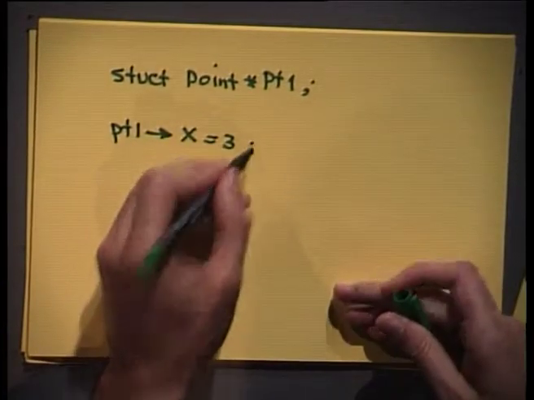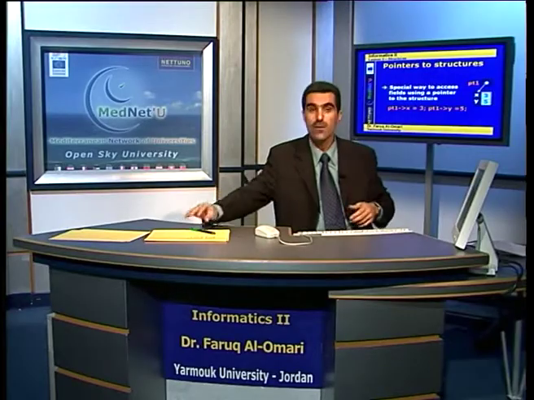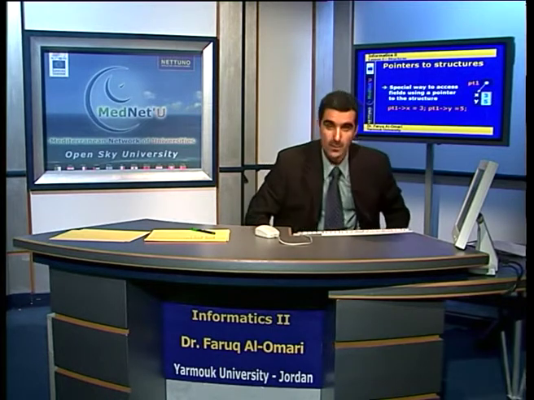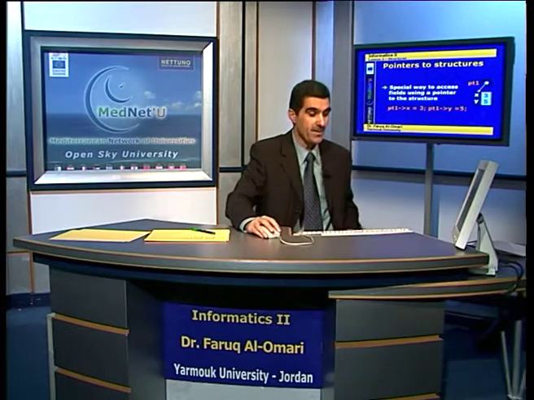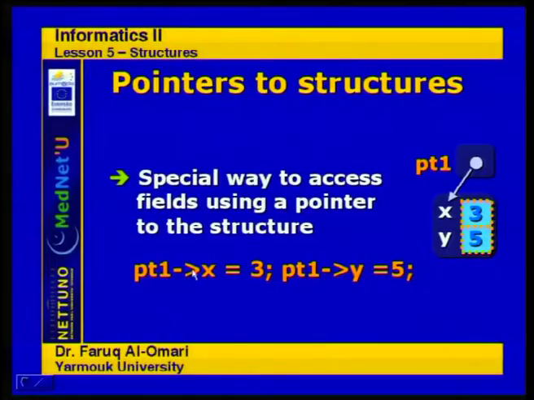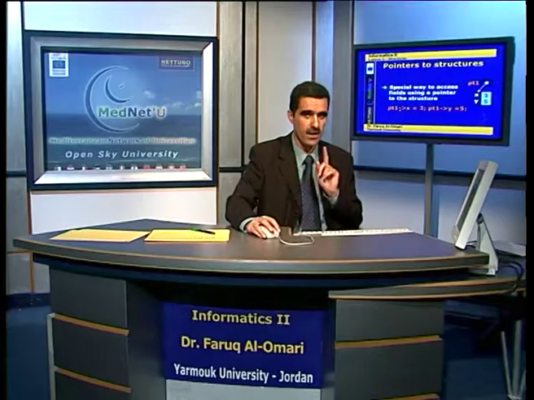And that means I'm assigning a value of 3 to the x component within this structure. So when pt1 is a pointer, I use the arrow. When pt1 is a variable, okay, not a pointer, a value, then I use the dot operator. Remember that, it's very important and very crucial.